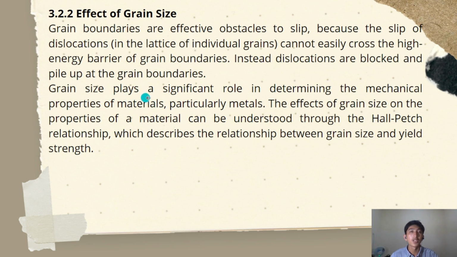Grain size plays a significant role in determining the mechanical properties of materials, particularly metals. The effects of grain size on the properties of a material can be understood through the Hall-Petch relationship, which describes the relationship between grain size and yield strength.